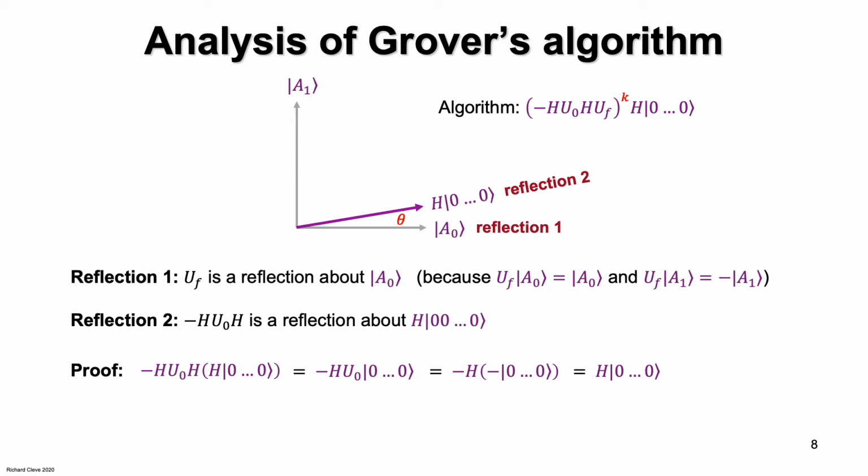First, we can show that the state h of 0 doesn't change under this operation. Second, we can show that any state orthogonal to h of 0, which I'm denoting as h of 0 perp, picks up a phase of minus 1 under this operation.